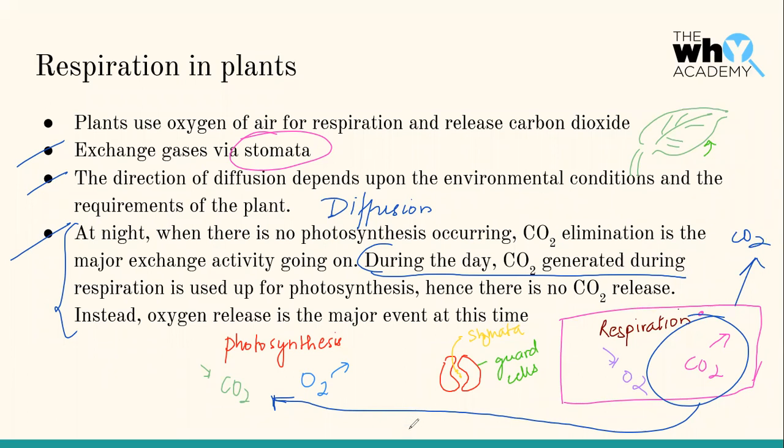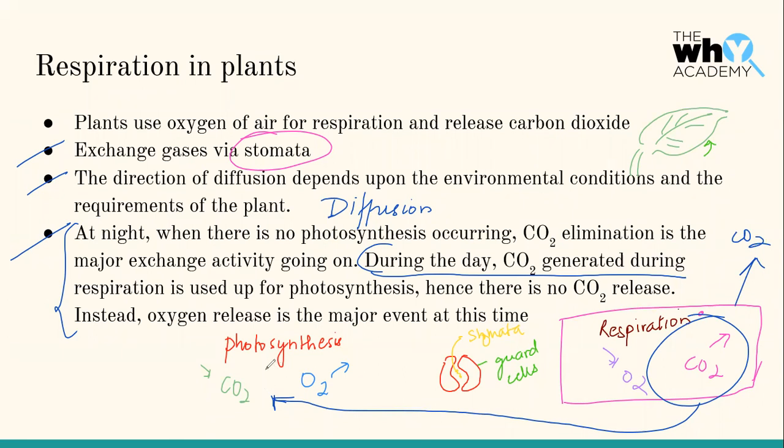During the day, so see, these processes happen in parallel. It's not exactly time bound. So both photosynthesis and respiration will happen in parallel in the plant. Whatever food is being manufactured is being broken down at some other place. So it depends on the plant's requirement.